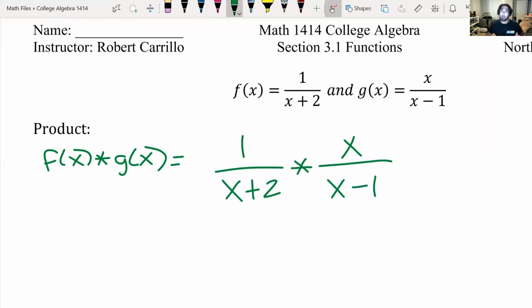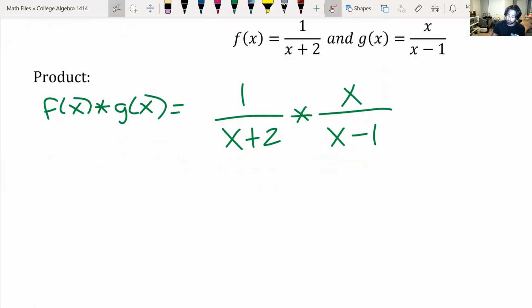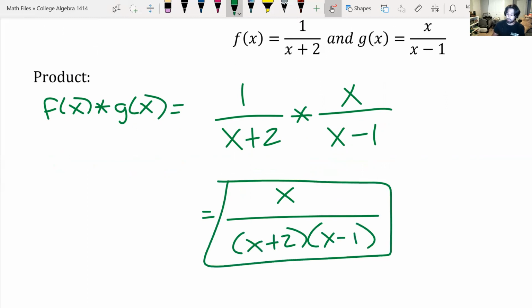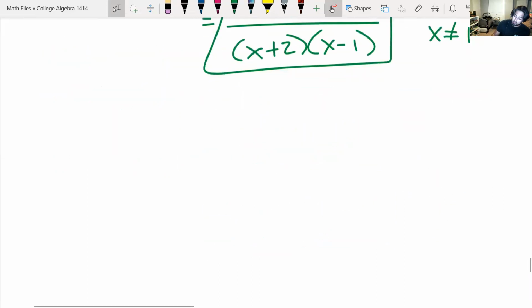And these are a lot faster because when you multiply fractions, you do not need a common denominator. You just multiply straight across. And we will get x over x plus 2 times x minus 1. And look at that. That one's done with the same domain. X cannot equal negative 2, and x cannot equal 1.